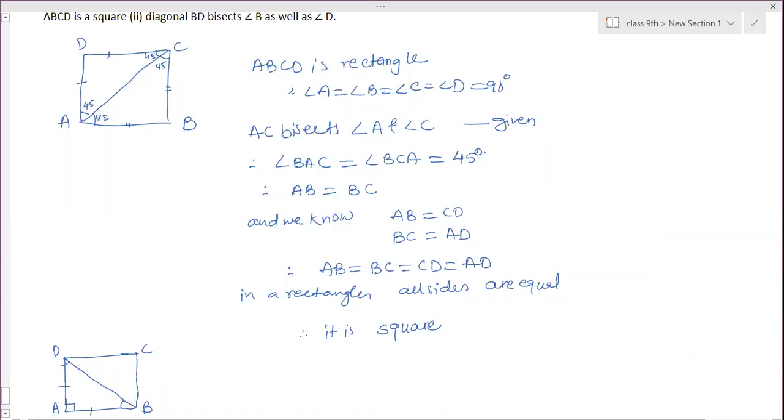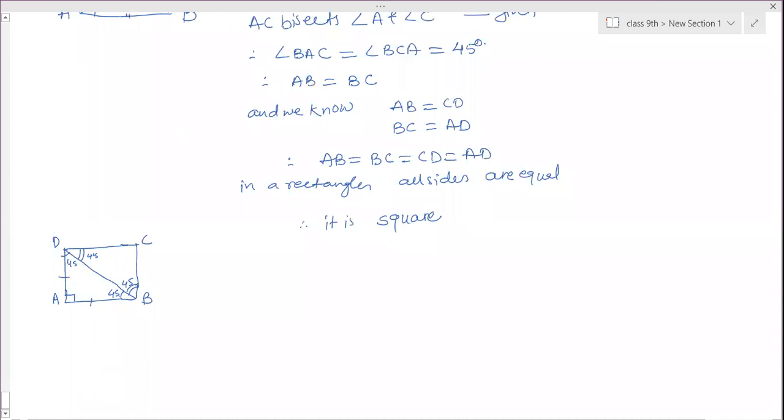This is 90, so by angle sum property, 45, 45. As well as this angle is equal to this angle, so these two are also 45, 45. Angle B is 90, so therefore this will be 45, and this is also 45. So BD bisects angle B as well as angle D. Understood?